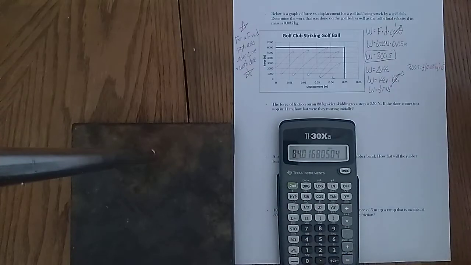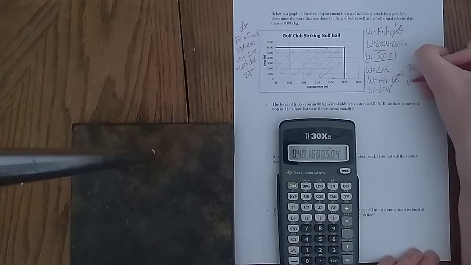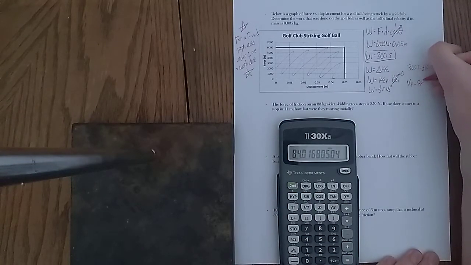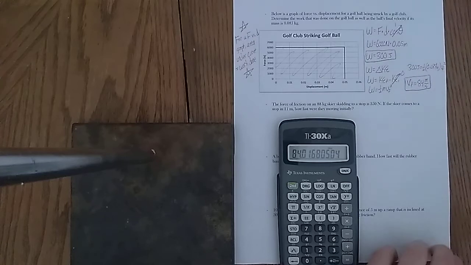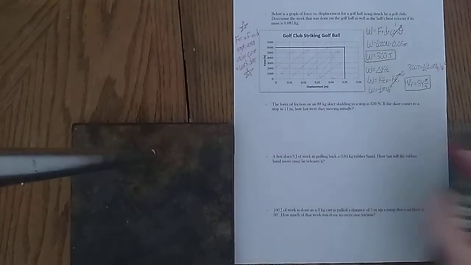Don't forget that square root part, it's very important. I get that the final speed of the golf ball is a little bit over 84 meters per second. Very, very fast. The reason is 300 joules is a decent amount of energy, and if we give it to a very small object, it's got to move very fast to make up all that energy.